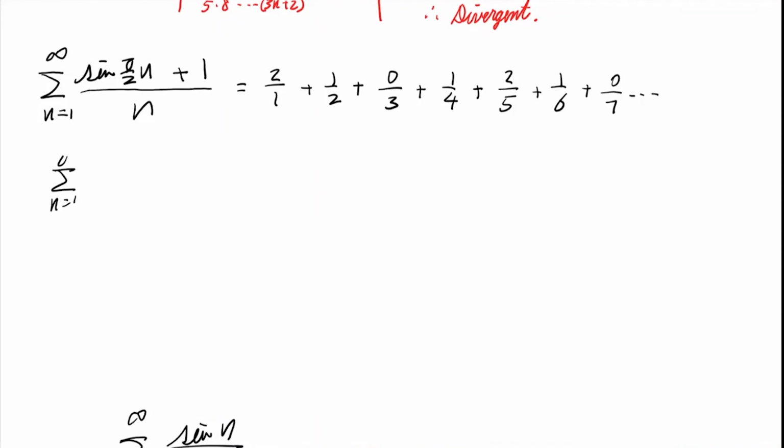This, sine pi over 2n plus 1 over n is greater than or equal to, what do you say? True? No, it's not even true because of that.